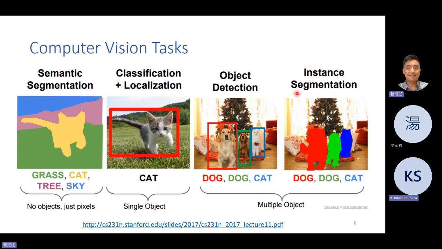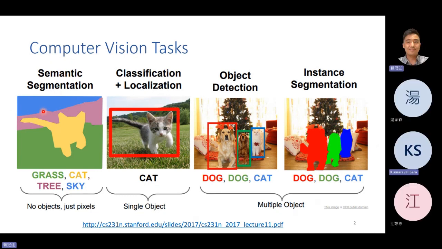There are two kinds of segmentation. One is semantic segmentation, which tries to separate the background, like grass, sky, trees, and so on. Another one is to do object detection first and then segmentation. It's called instance segmentation, which focuses on the foreground objects.